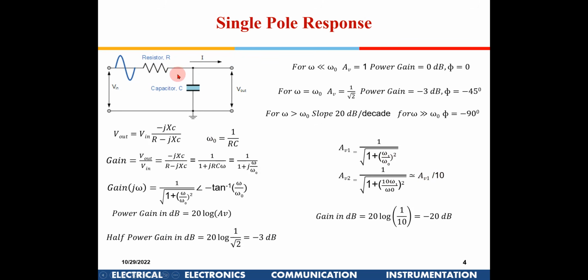No, we are not doing anything. We are just analyzing the RC network. When I am increasing the frequency, initially I was at W1 at some frequency which is above RC, and from there I am going further, increasing by one decade. What happens to the gain? From this equation I can see that the gain will reduce for every increase of 1 decade, gain is decreasing by 10, right?